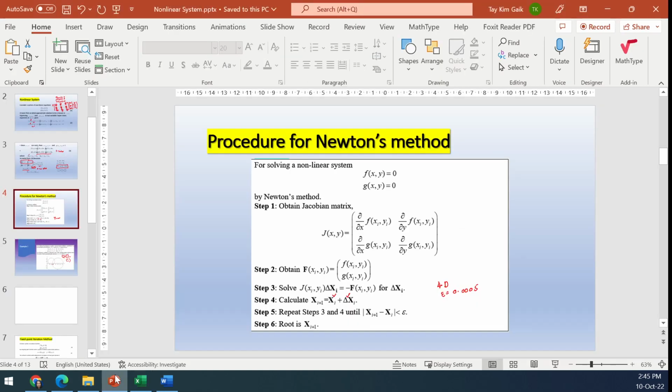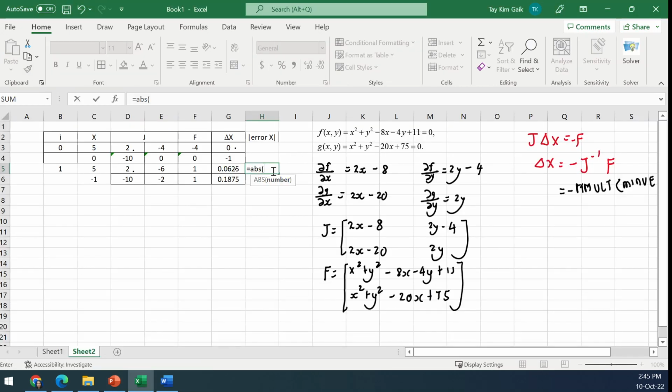To stop, you can get the absolute value of vector x i plus 1 minus x i less than epsilon. That's why I'm going to find the absolute. Or you deal with the whole vector, so equal x1 but with the absolute value. Never mind, we do it one by one.